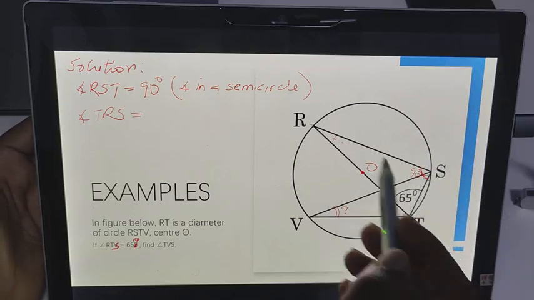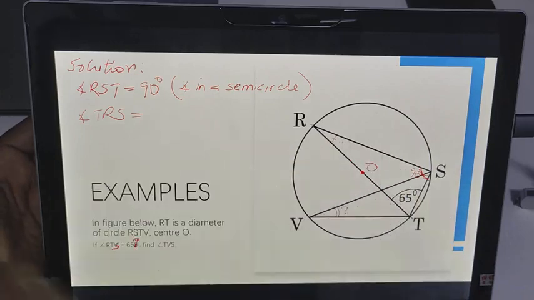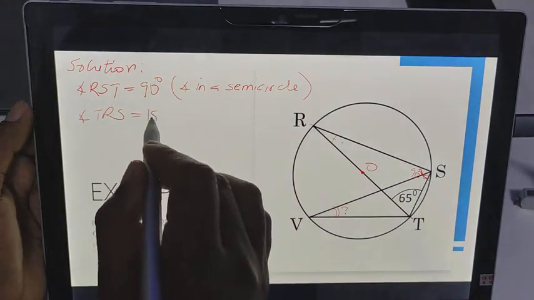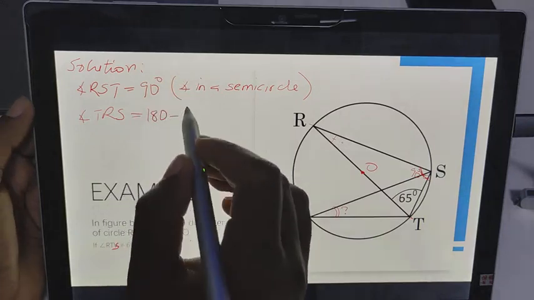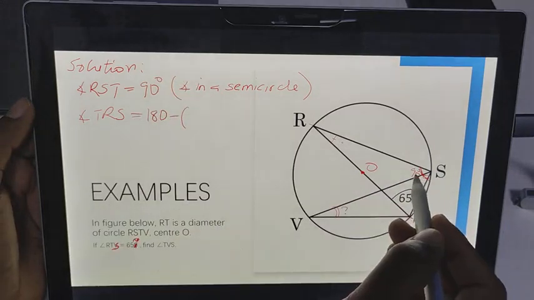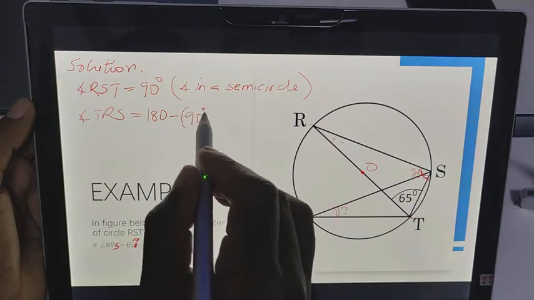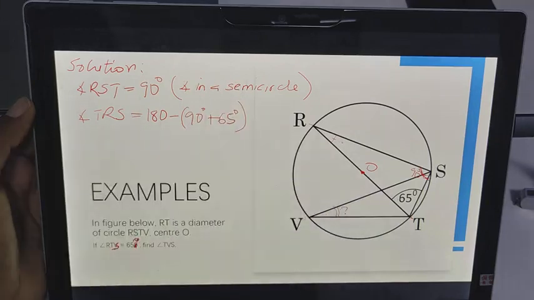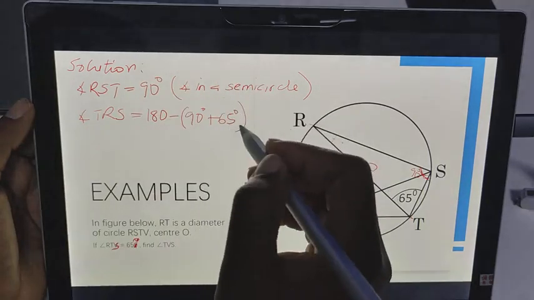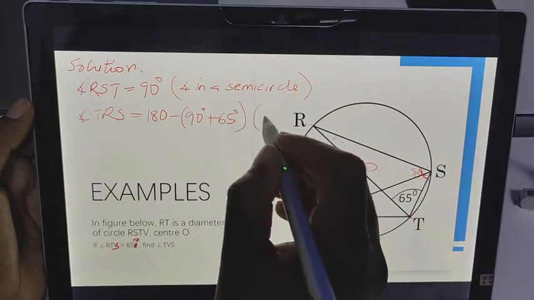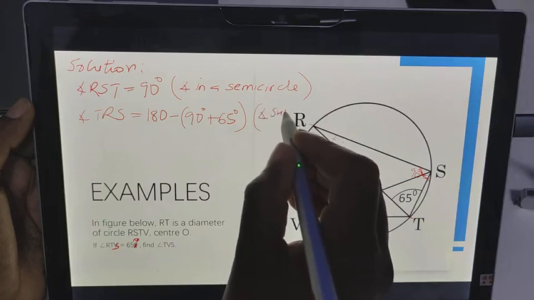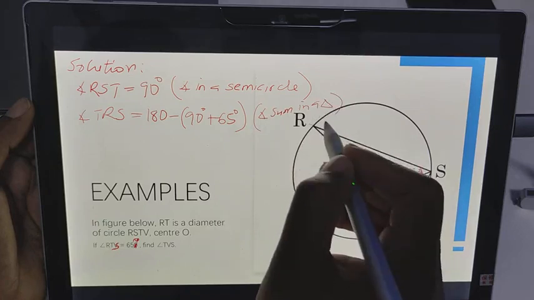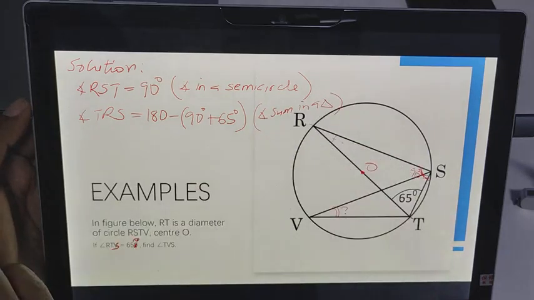So you know two angles, definitely the third angle you should know. So we'll say 180 minus, that angle which is 90 degrees plus 65 degrees. Reason: angle sum in a triangle.